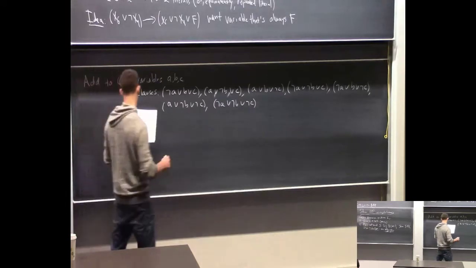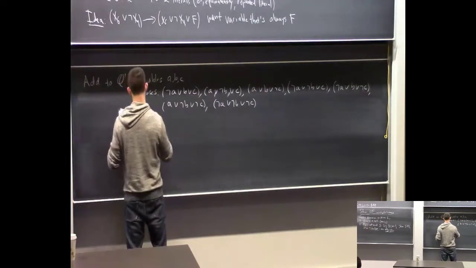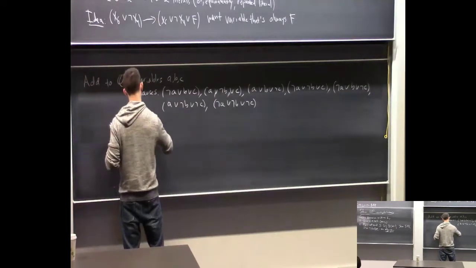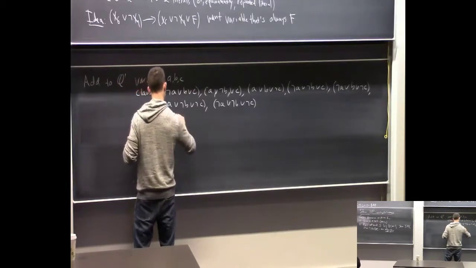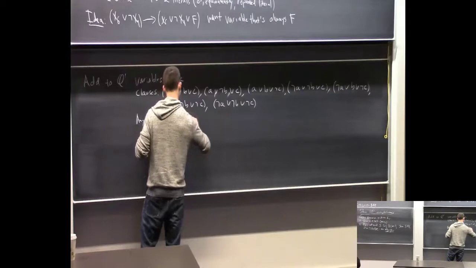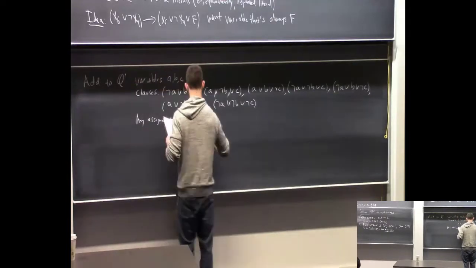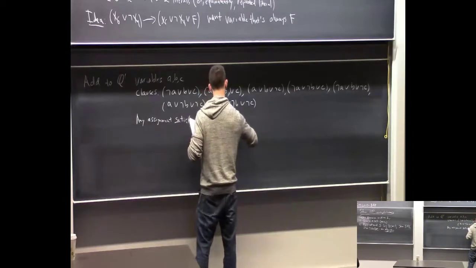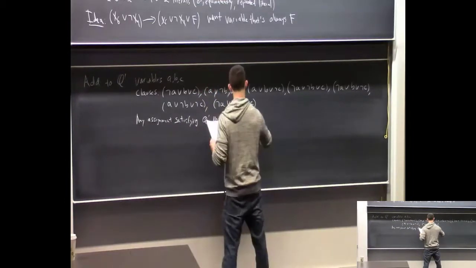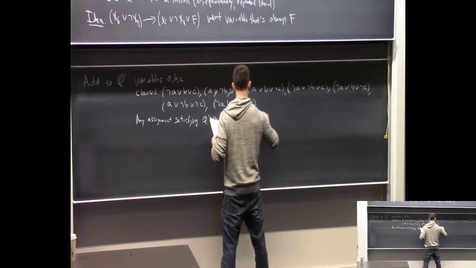That's exactly right. So that means that any assignment satisfying phi prime must have A equals B equals C equals false.